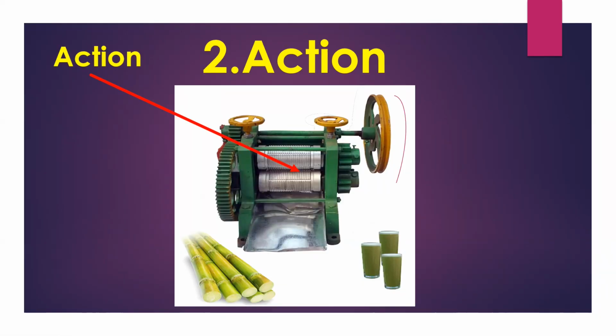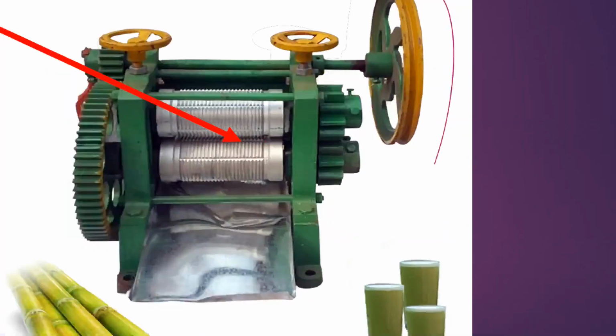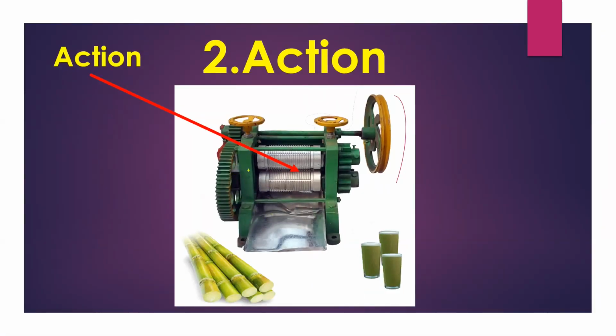Guys, I have tried my best to explain with real-time and real-life examples so that you can remember this React Redux and it may not be complex for you. So let's see this sugarcane extractor machine. What is the action here? The action is to extract the juice from this sugarcane stick, right? This is the action.